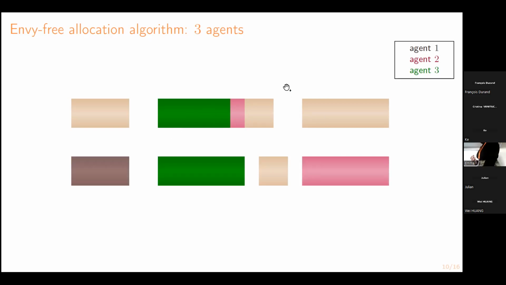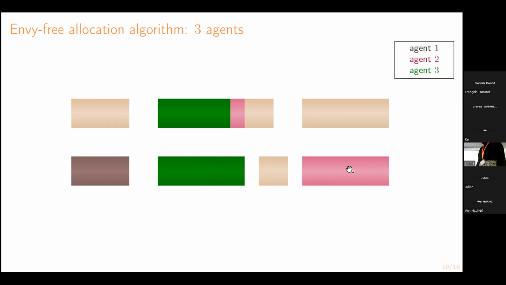So you allocate this part to agent 3 because they think that this is greater than this. For agent 3, this is better than this and better than this, so agent 3 is not envious of anyone else.